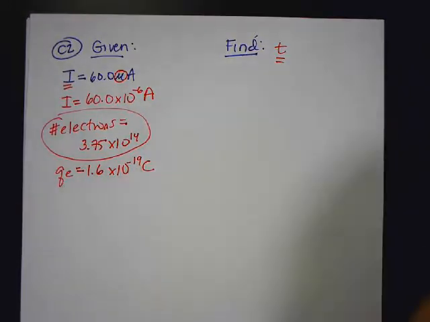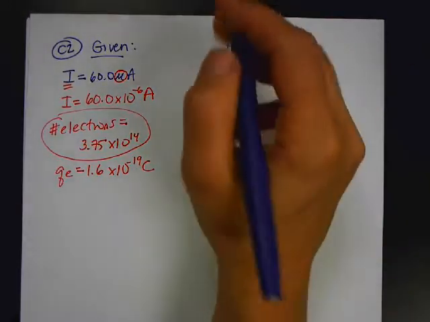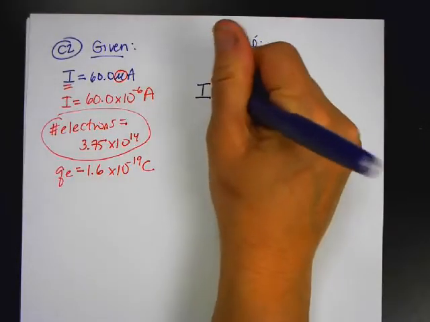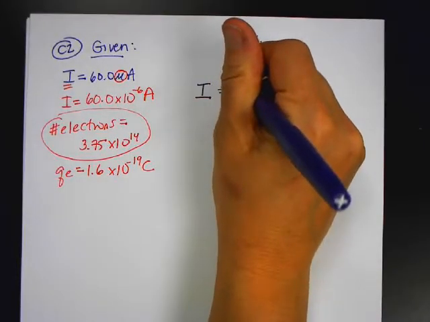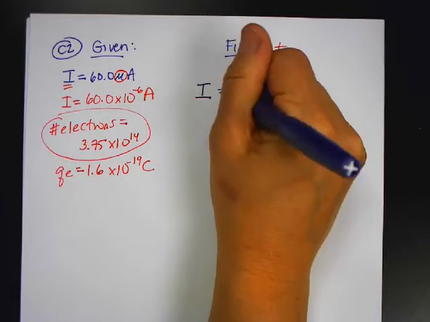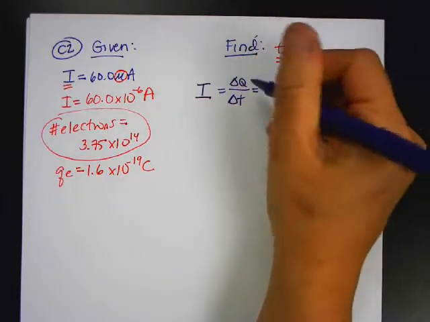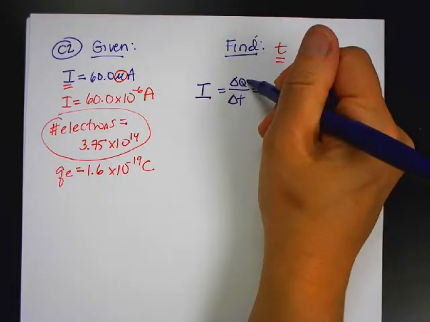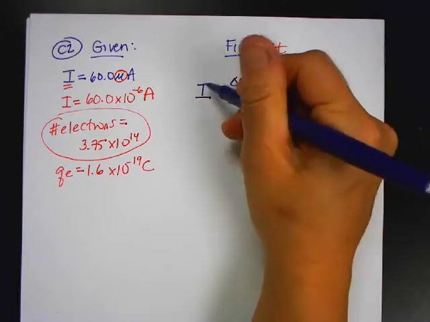So what I want to do here, I want to find T. Now I know that I is equal to delta Q over delta T. So this is the total charge over the time, and this is the current.